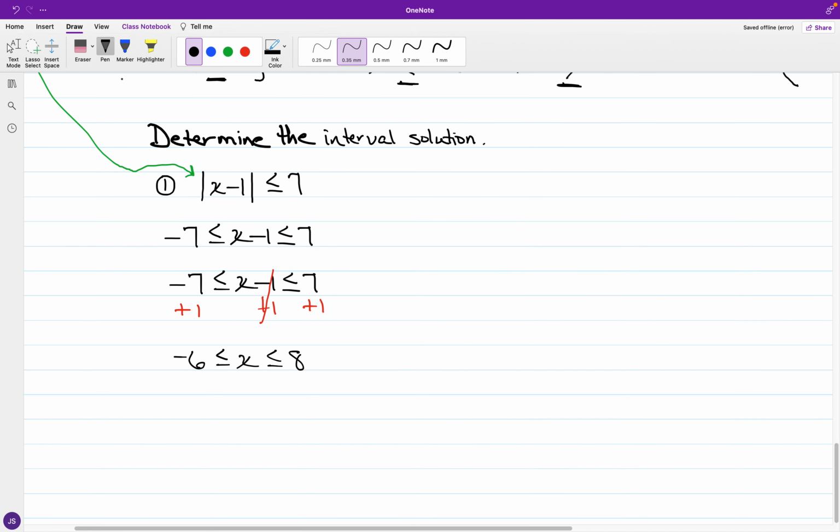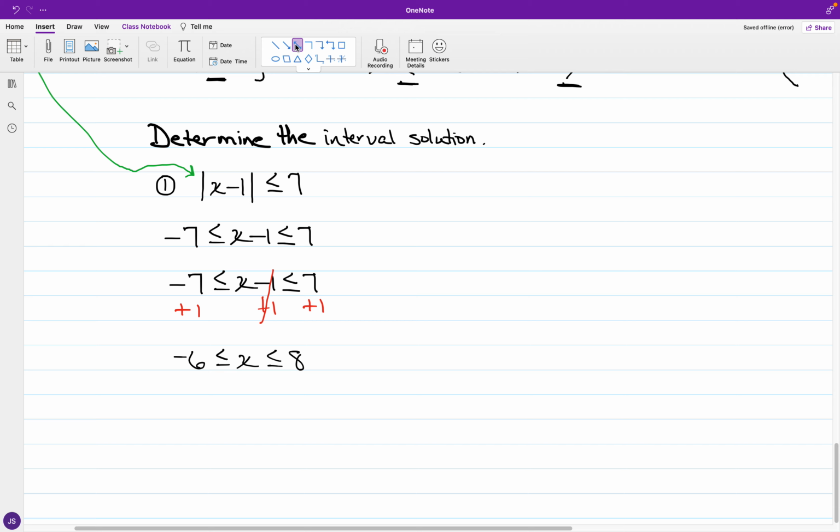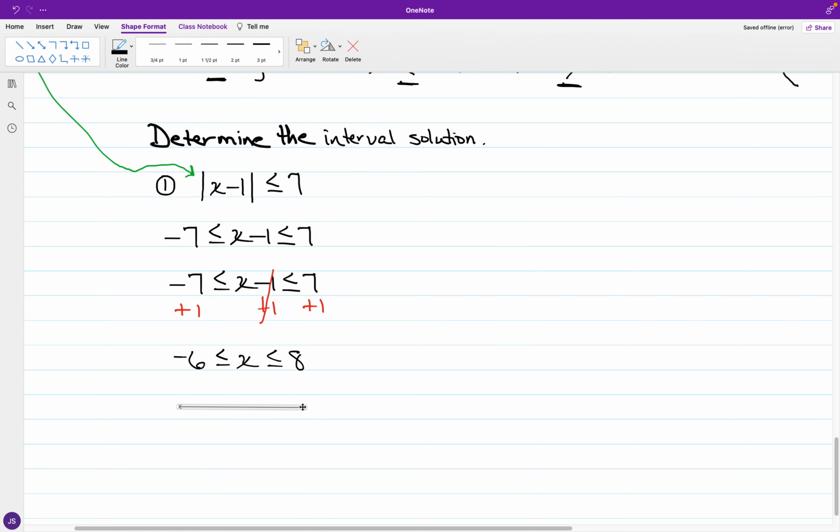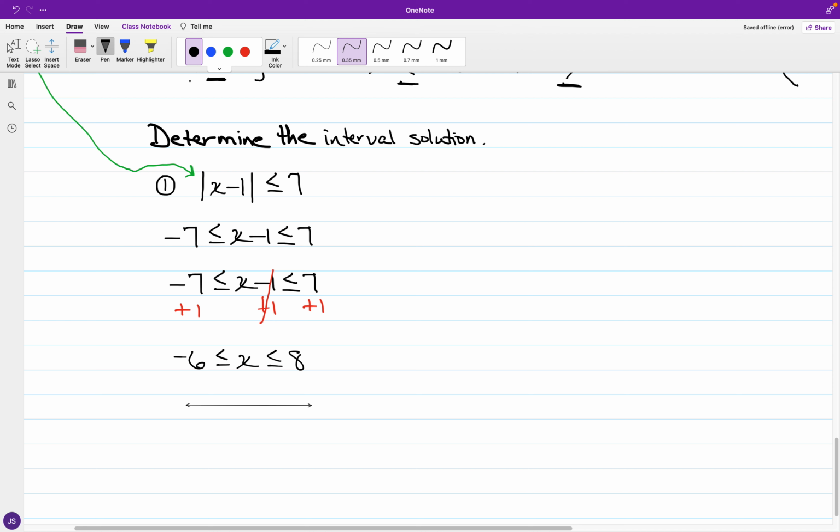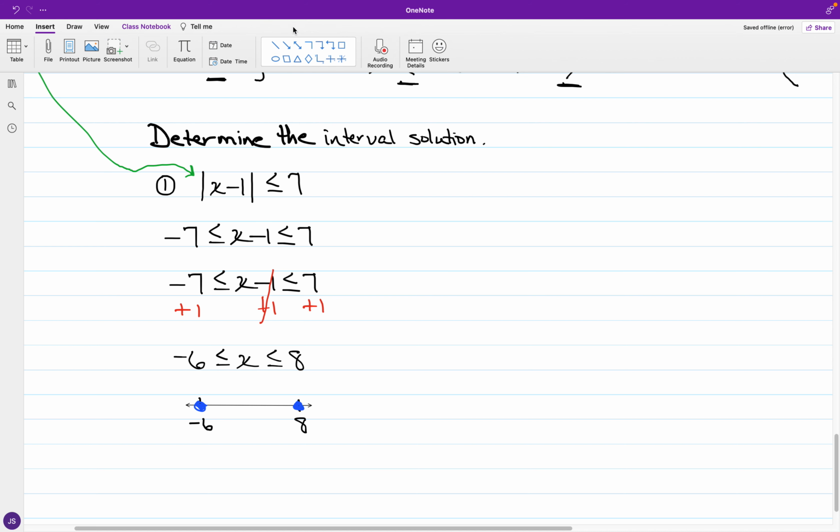All right, so for the interval solution, again you have a containment between negative 6 and 8. Just kind of doing a quick sketch here. It's got negative 6 and 8. Where the equal signs, negative 6 will be included. So will 8.